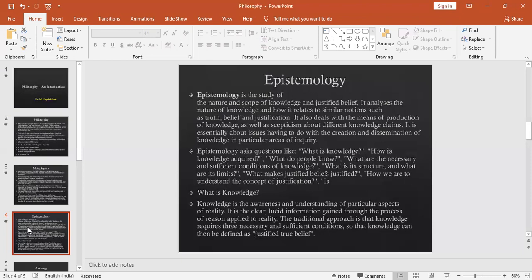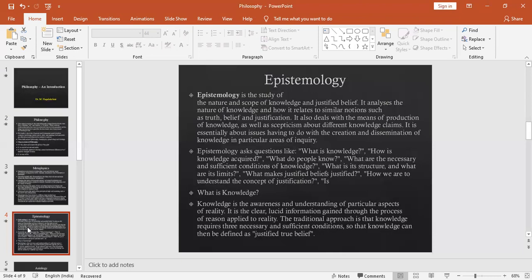It is essentially about issues having to do with the creation and dissemination of knowledge in particular areas of inquiry. So epistemology asks questions like, what is knowledge? It's a very simple question, a very basic question, and a very difficult question to answer. They ask, what is knowledge? How is knowledge acquired? What do people know? What are the necessary and sufficient conditions of knowledge?